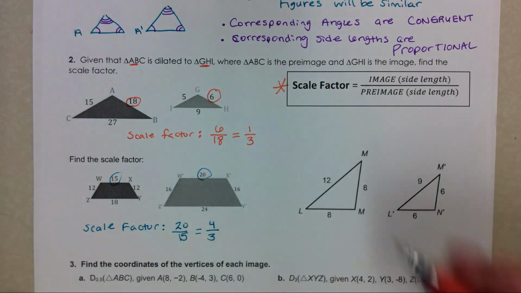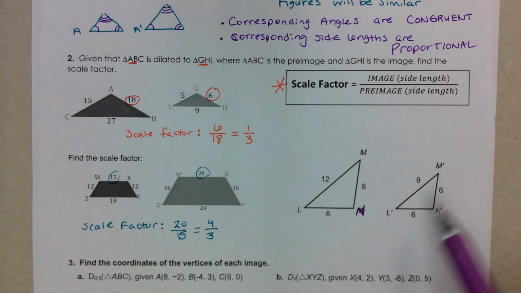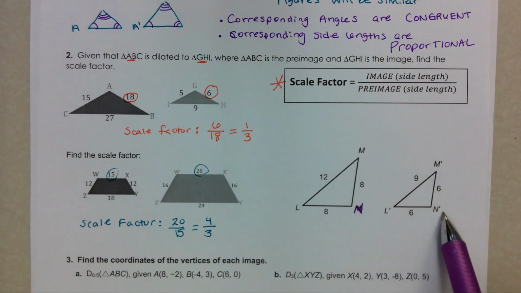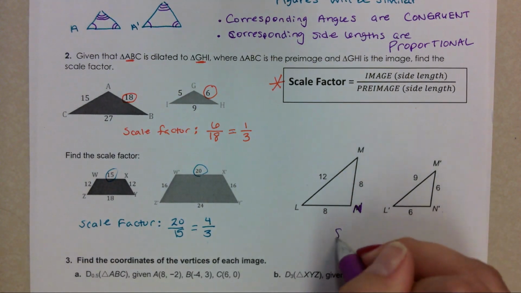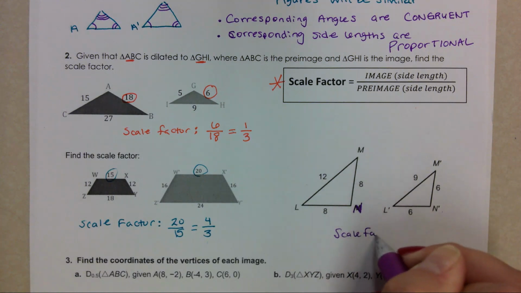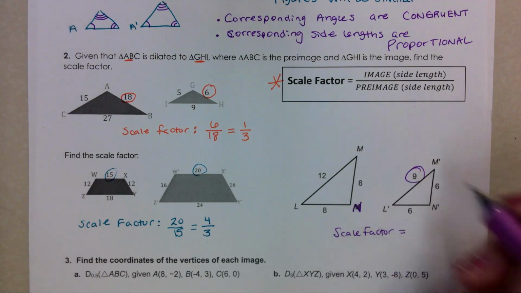And we're going to L prime, M prime, N prime. And so this must be the image. So I'm going to grab a side length off of here. I'm going to take L prime, M prime, which is 9.